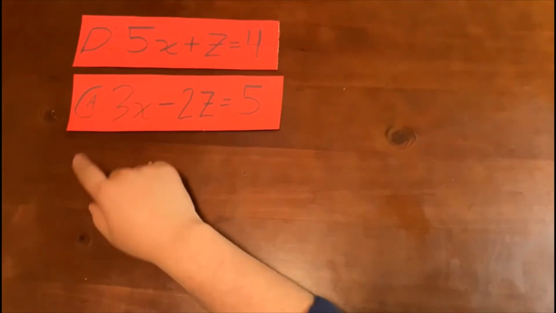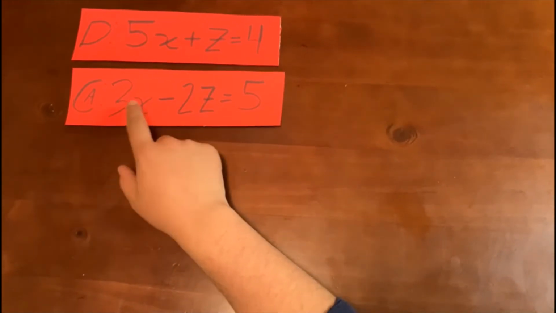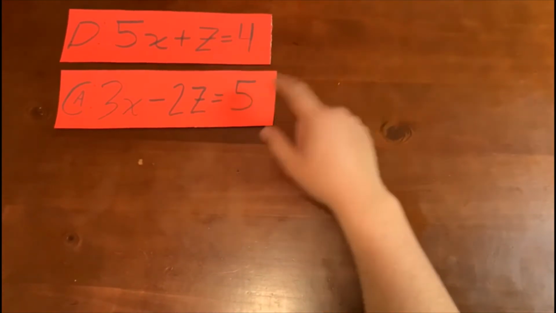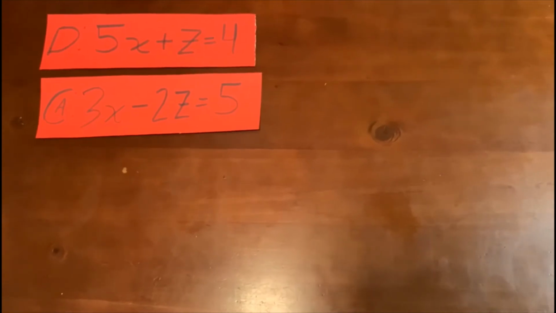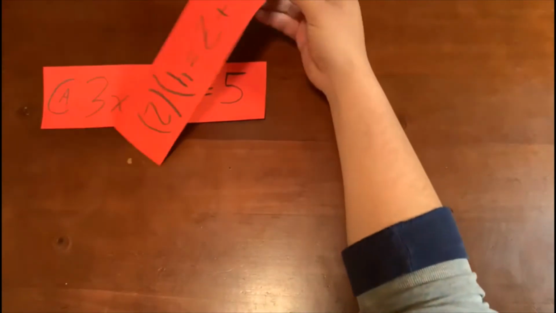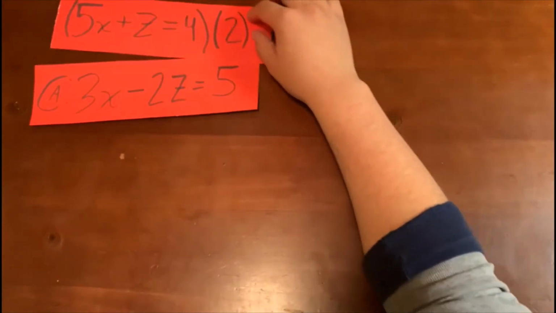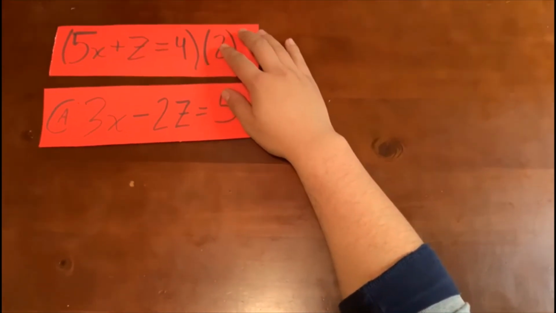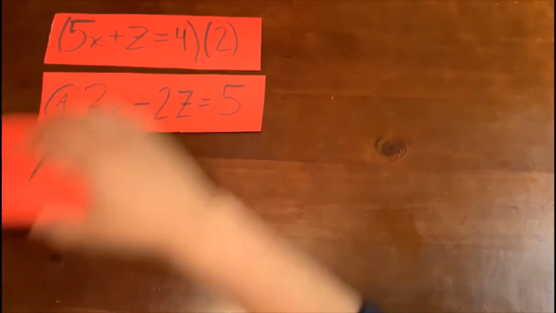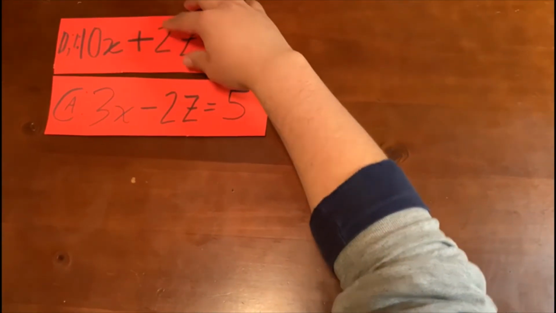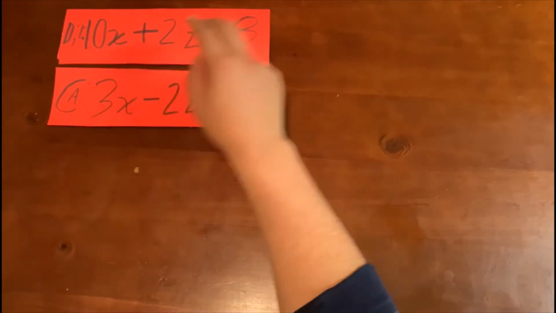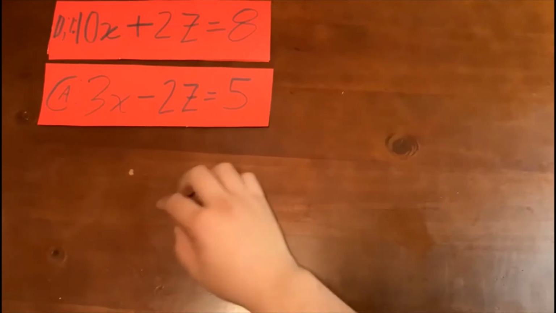Our E equation is 3x minus 2z equals 5. We immediately see that we can cancel out the z's, so we multiply everything times 2, and we get our equation D1, which is 10x plus 2z equals 8.